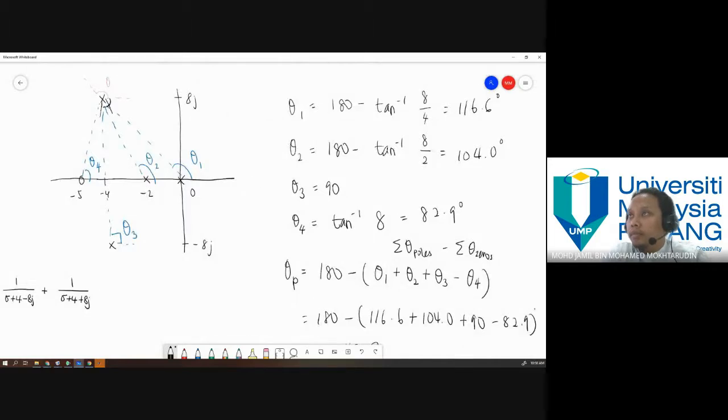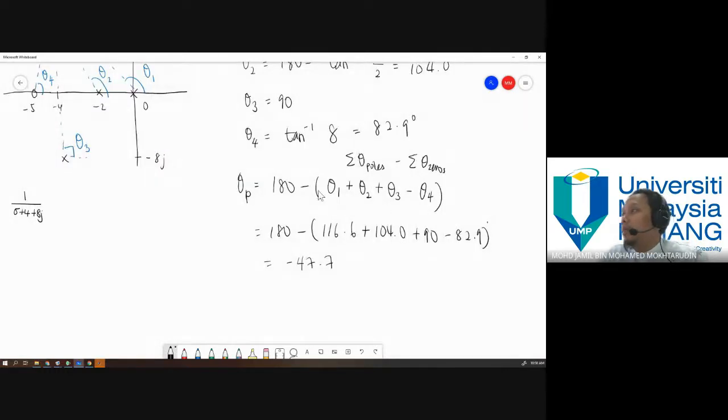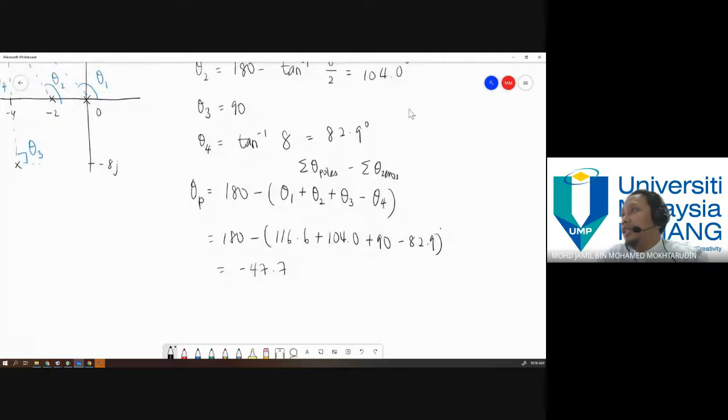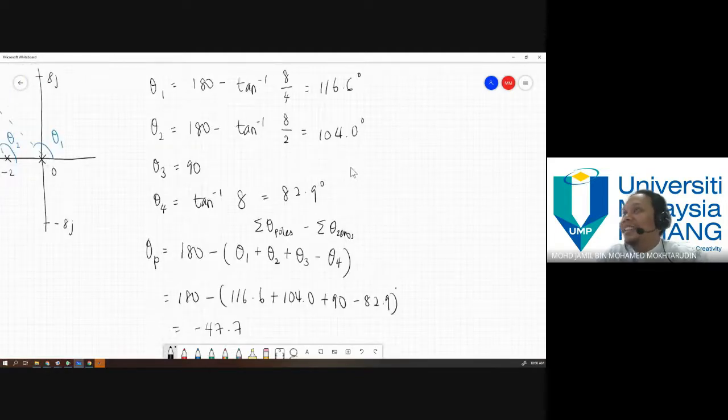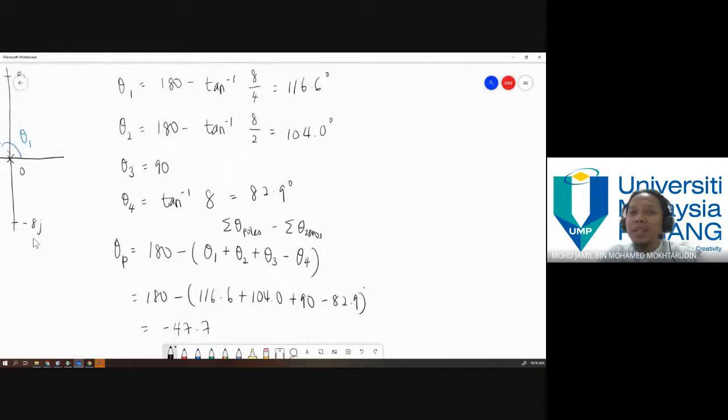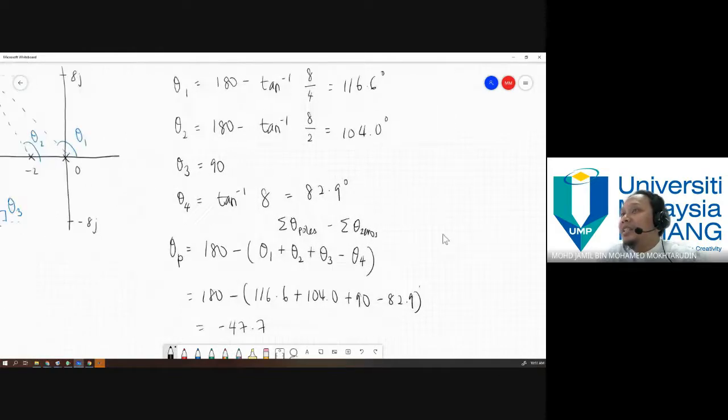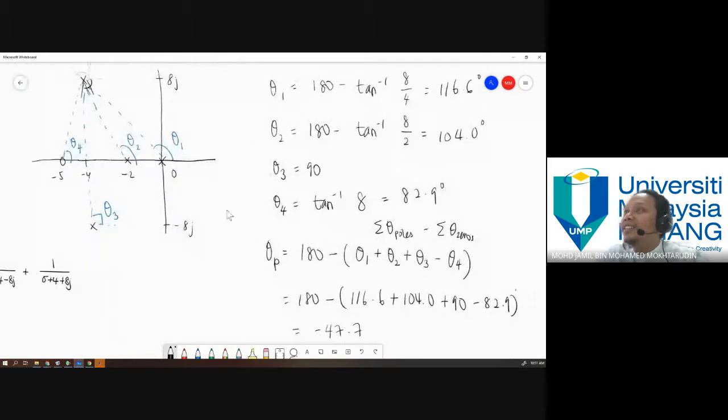Whichever, okay. I think it's plus, okay. But this is roughly the method, okay. I don't know what happened to me today. Everything is going wrong. Okay, so this is how you get the angles.